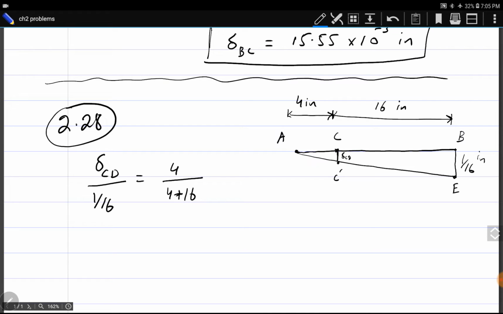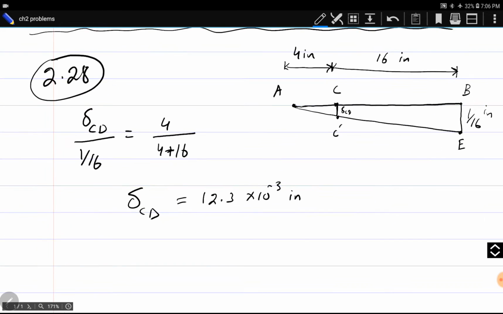The ratio of two sides in triangle ACC dash is equal to the ratio of the other two sides in triangle ABE, which is side AC divided by side AB. AB is 4 plus 16. So from here we can calculate delta CD, and delta CD will be almost equal to 12.3 into 10 power minus 3 inches.